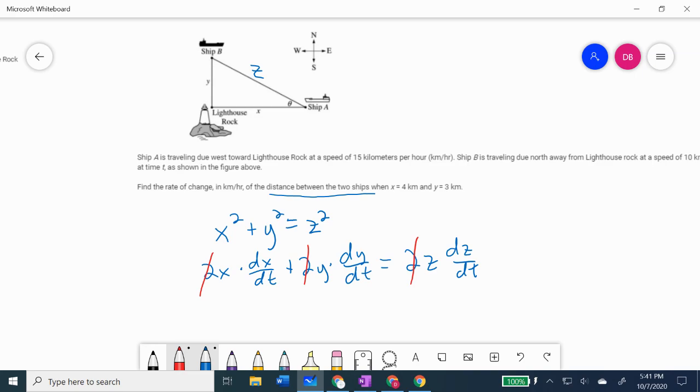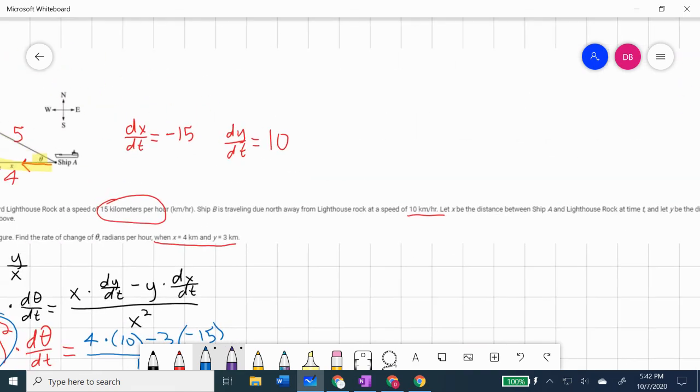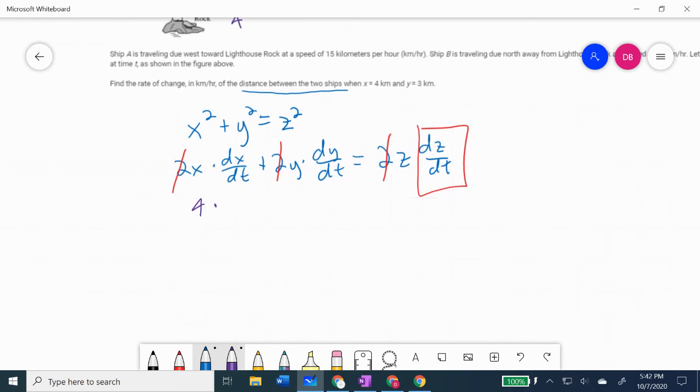And now I need to fill in the when information. I'm finding dz/dt. And we already took a look at the when information being that x is 4, y is 3, forcing the hypotenuse to be 5. And plugging that in, I have x is 4, dx/dt was negative 15.